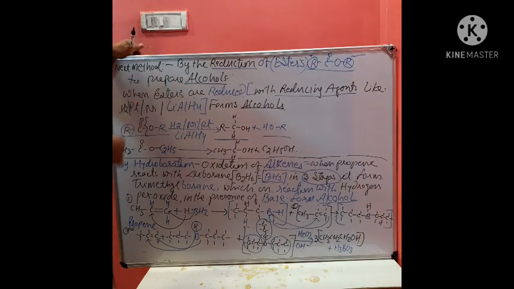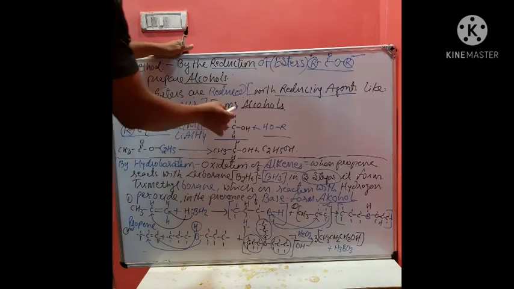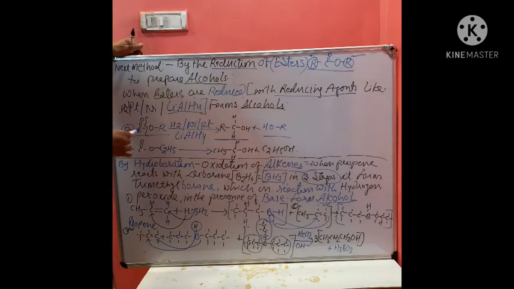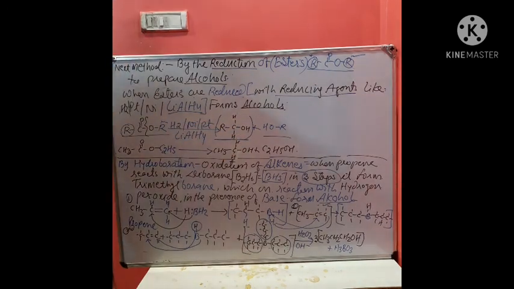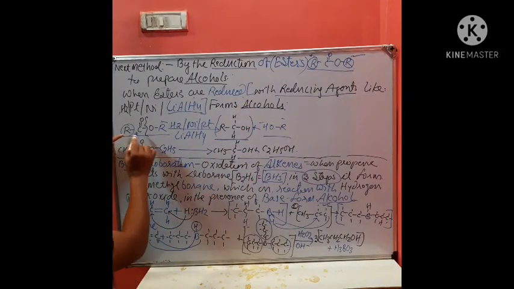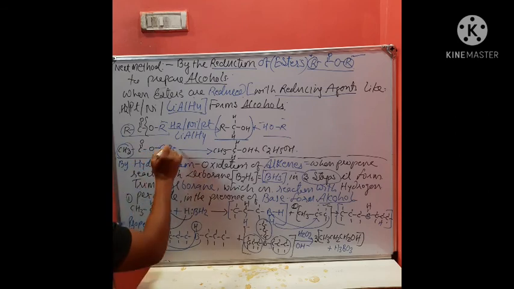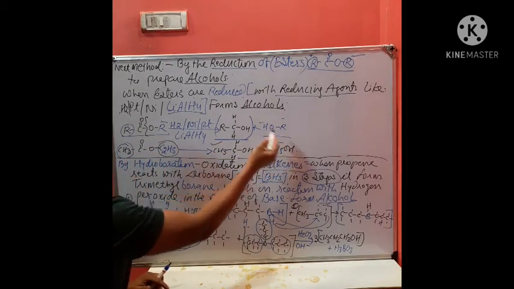H2 with Pt or Ni, or lithium aluminium tetrahydride. It forms alcohols. The ester given by a simple formula forms a simple alcohol and one more alcohol molecule. But if we specify these two by specific alkyl radicals, that is CH3 and C2H5, then we will obtain the specific product.